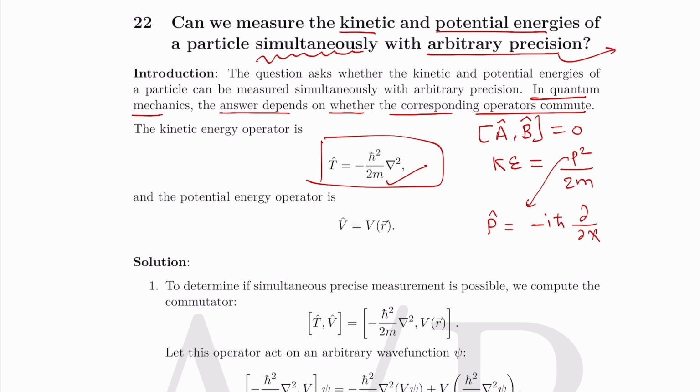In 3D it is simply minus iota h bar and the del operator. So what you are going to do is square it and divide it by 2m to get the kinetic energy. Whenever you are squaring it, minus times minus will become plus and iota square will be minus 1, and h bar will be h bar square, and this will be del square divided by 2m. So this is what we are calling the kinetic energy operator.